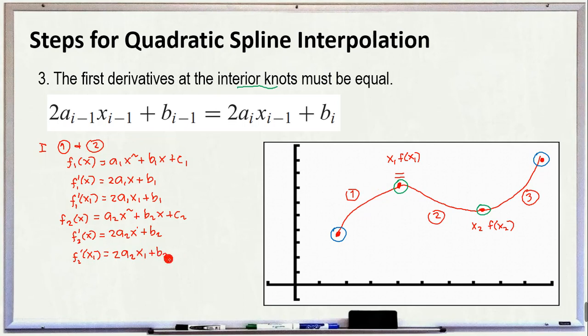Now, miingon man dira nga i-equate daw ang ilahang first derivative. So, we need to equate these two. Okay? Nagets ra? Nagets ra? So, equate sila. So, mahimo na siya og 2a sub 1 x sub 1 plus b sub 1 equals 2a sub 2 x sub 1 plus b sub 2.